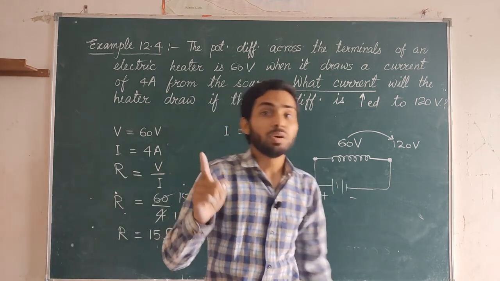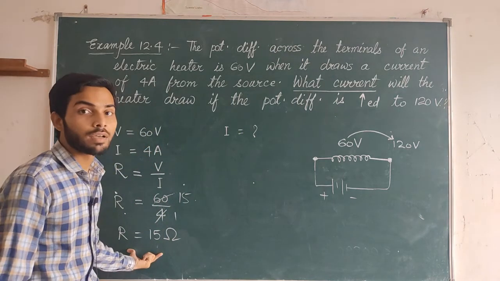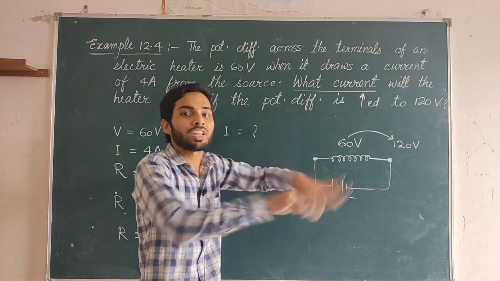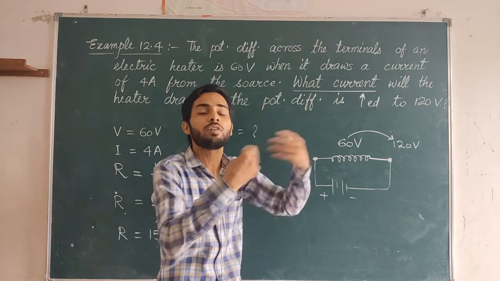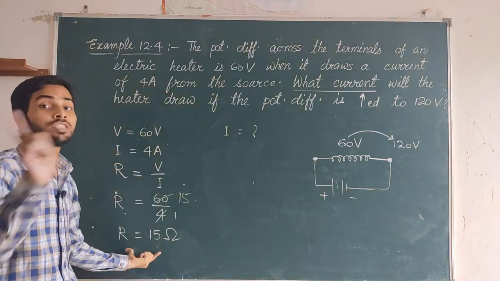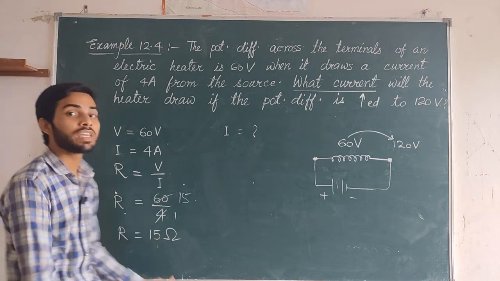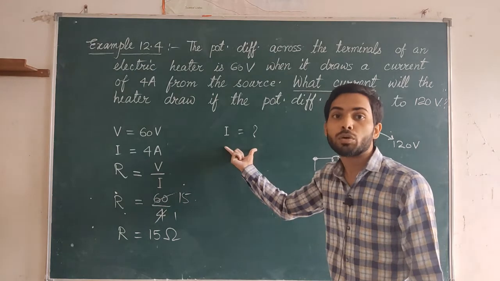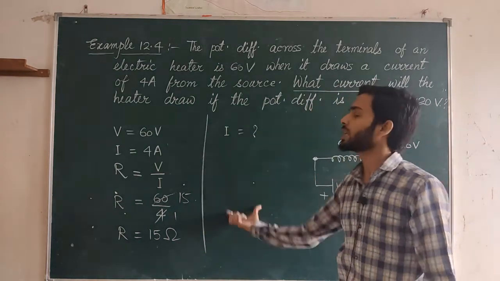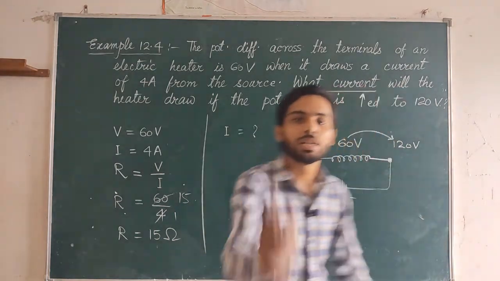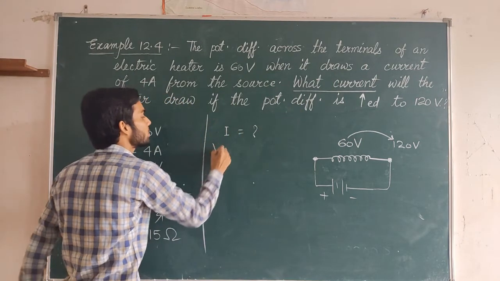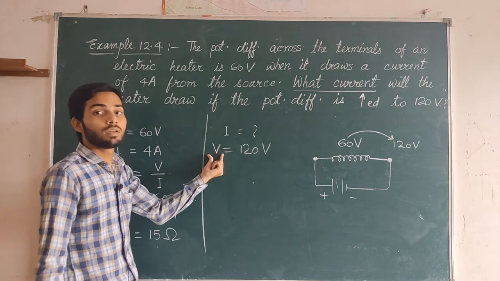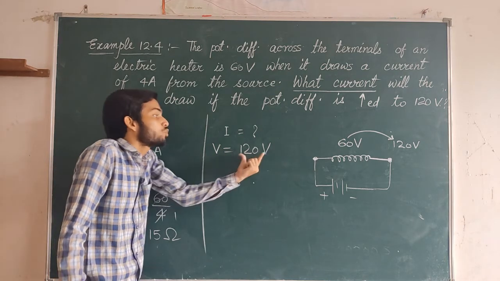Now you know that this resistance is constant. Keep on increasing the potential difference and keep on increasing the amount of current, this resistance will not change because it is constant, so we can use the value of that resistance here also. This is the second condition, when the potential difference becomes 120 volt.